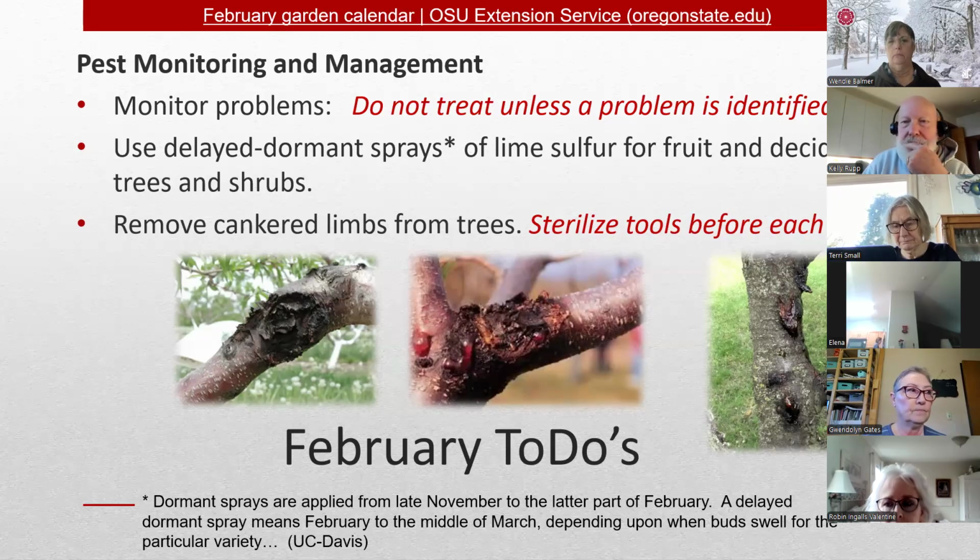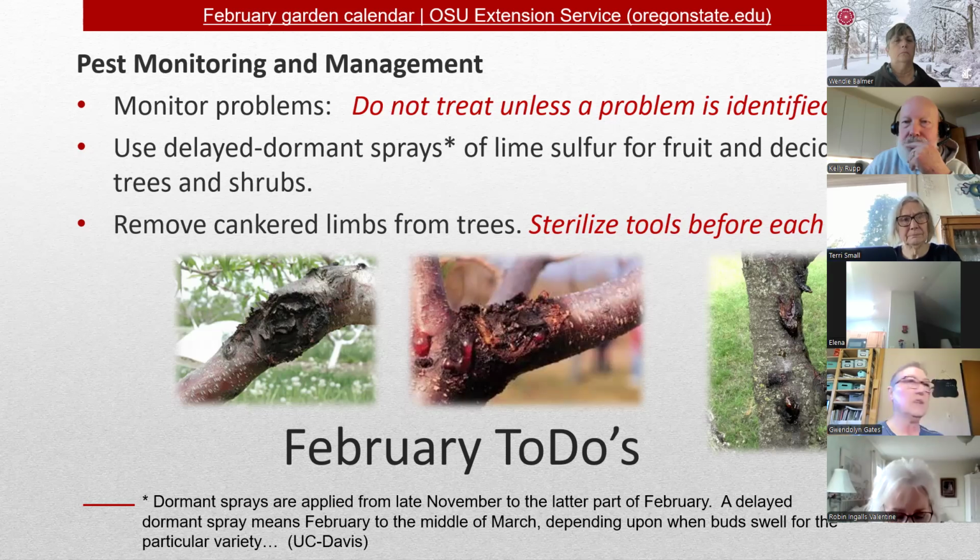And that's before we're going to be pruning later in March. So it doesn't really matter if it's damaging some of that new growth, because you're going to prune it off anyway. So yeah. What dormant spray do you use for the roses? So it's a Bonide.